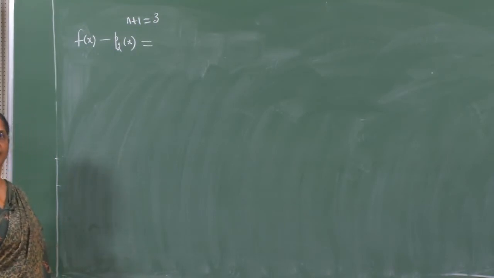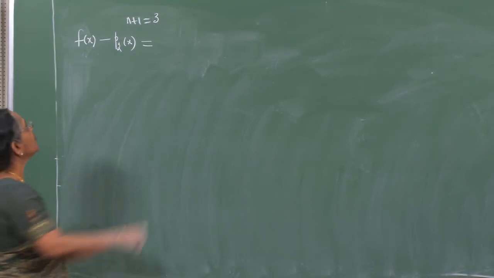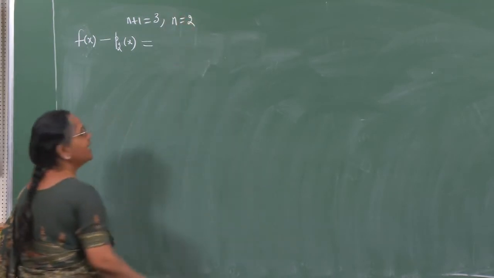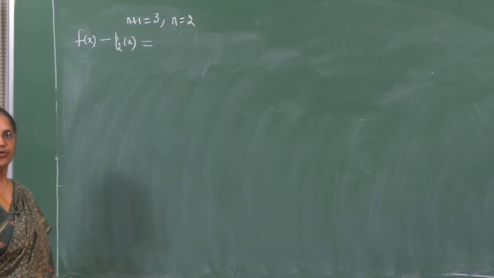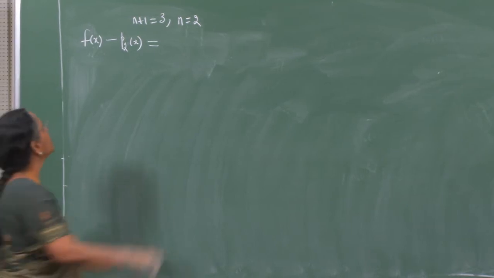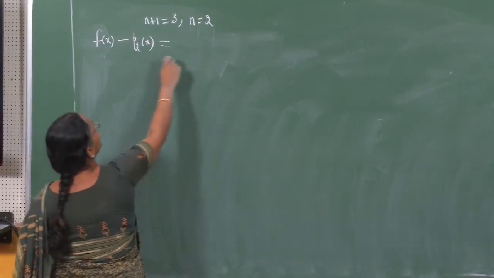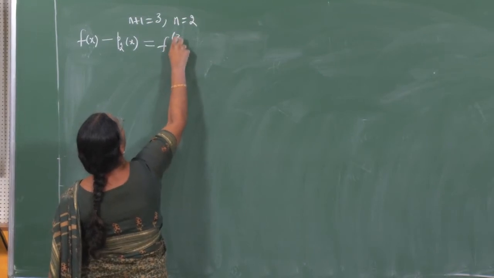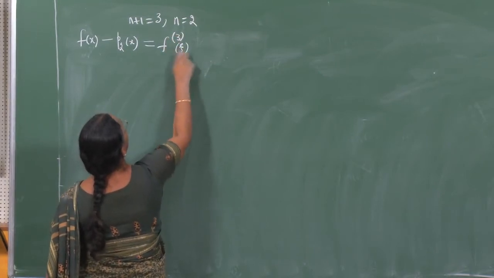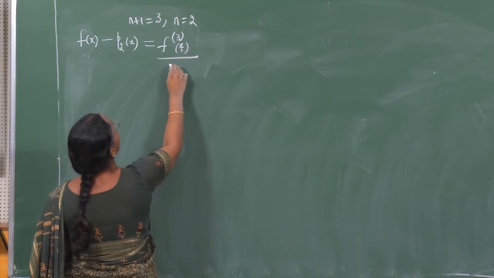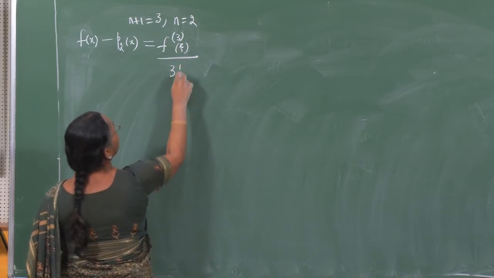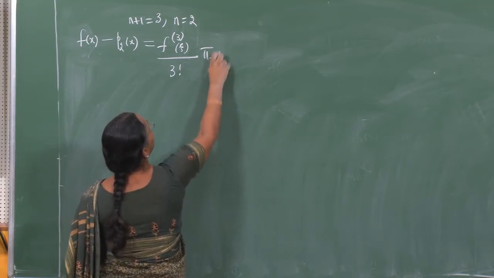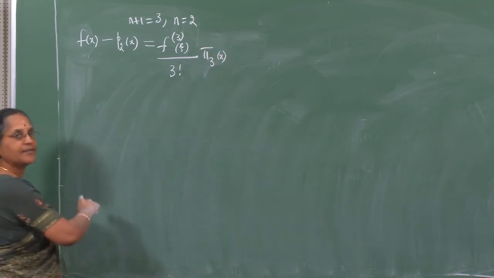Information at 3 points is required, so that we can represent the function by a polynomial of degree 2, which is p2. So, f of x minus p2 of x is the third derivative at some psi, divided by n plus 1 factorial, into pi n plus 1 of x.